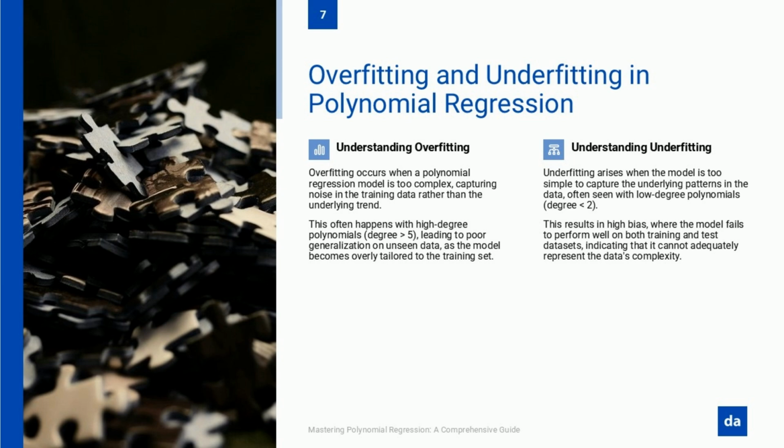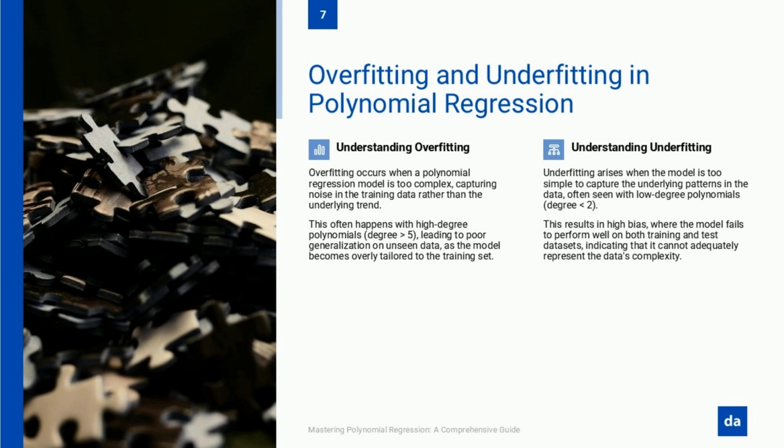Overfitting and underfitting are common pitfalls in polynomial regression, but by carefully evaluating error metrics using residual analysis and applying cross-validation, it is possible to build a model that generalizes well.